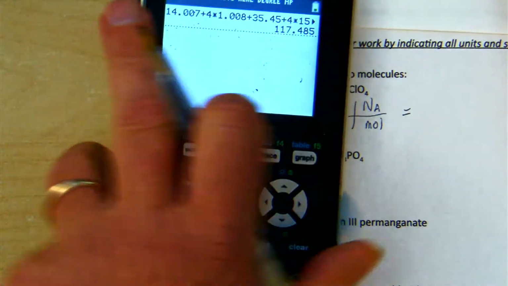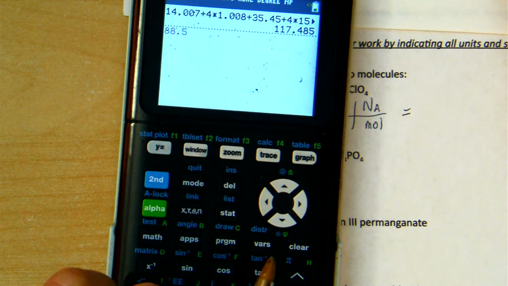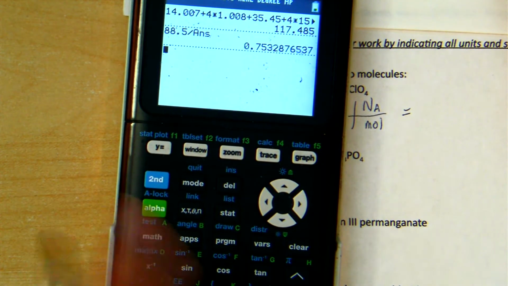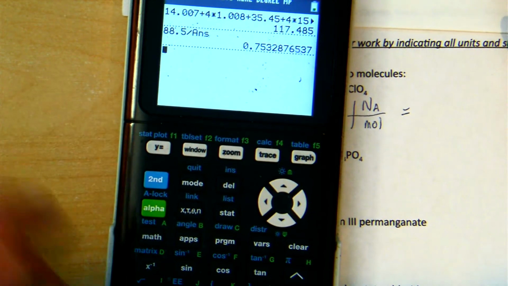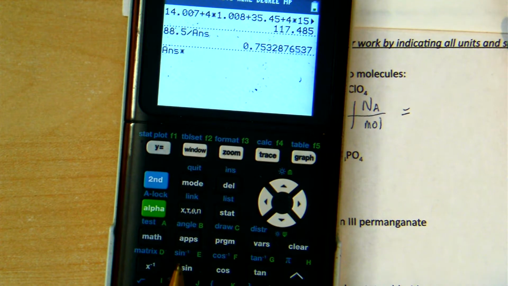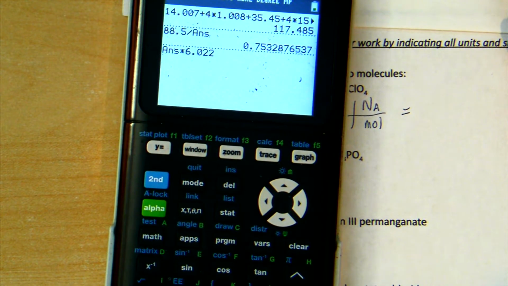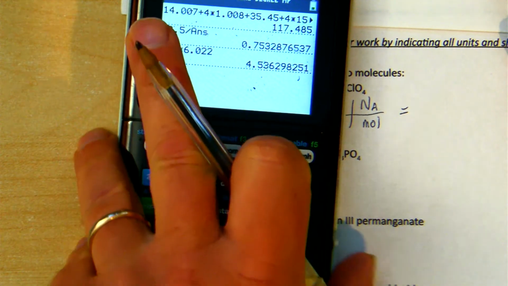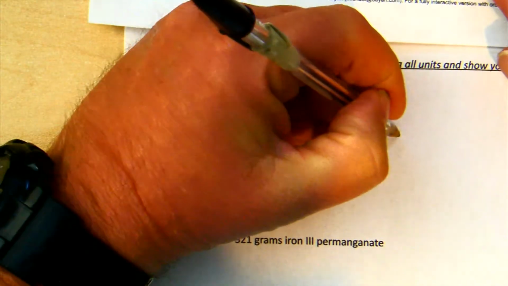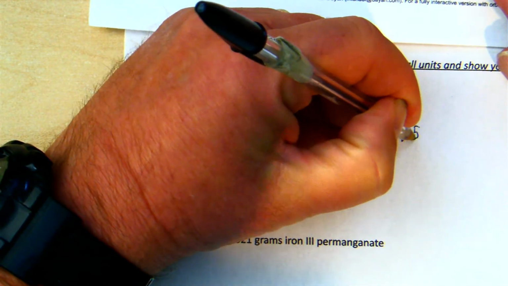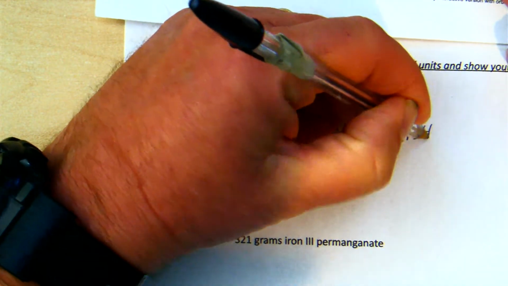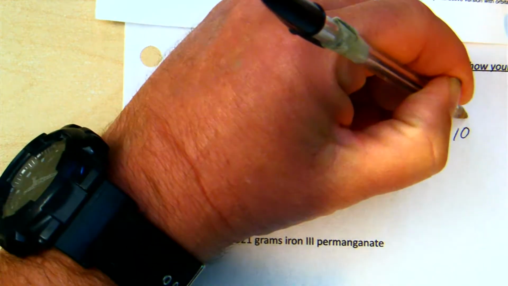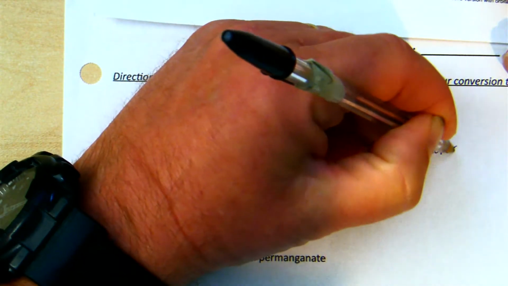So if I go 88.5 divided by this answer, 0.753 times Avogadro's number, 6.022 times 10 to the 23rd power, is 4.54 times 10 to the 23rd power molecules.